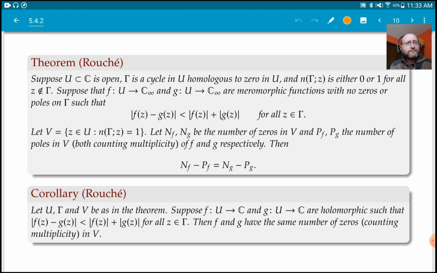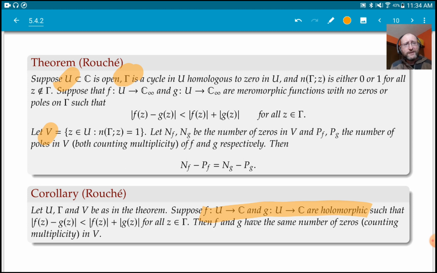Now, there's a simpler version if we just assume holomorphic. So suppose that U, gamma, and V are the same as above. So that's the same setup as in Rouché's theorem. But now suppose that f and g are actually holomorphic, so they don't have any poles.